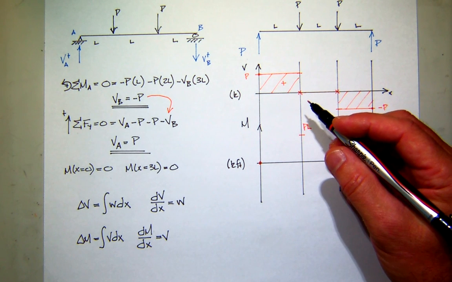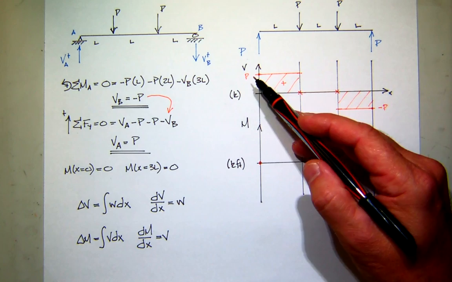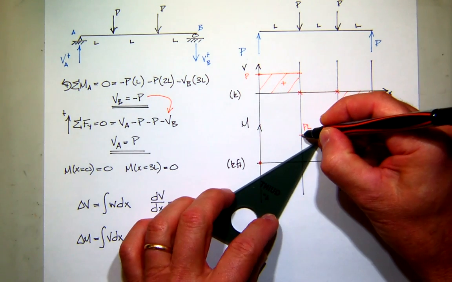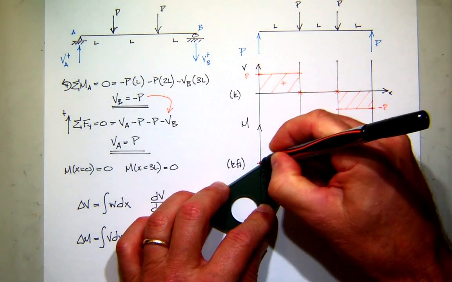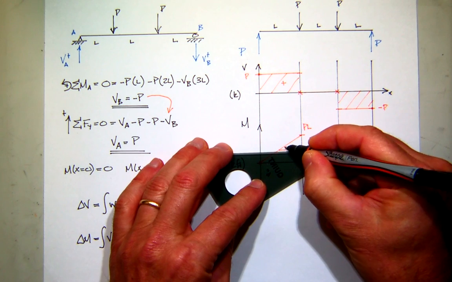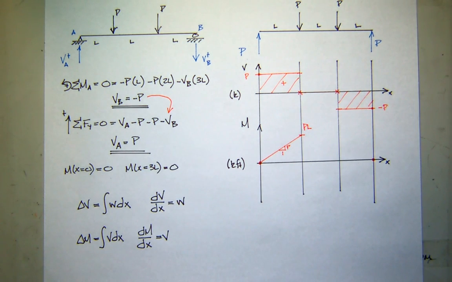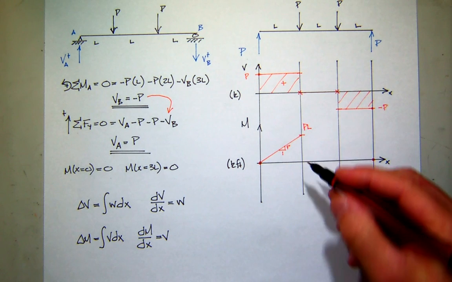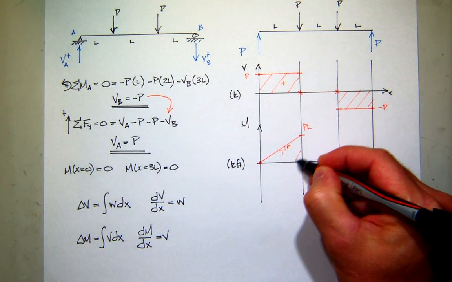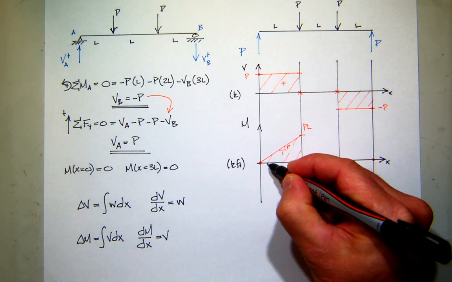A straight line. And what would be the slope? Positive P. In fact, if you wanted to come in here and measure it, it would be P to 1. So that's how the moment changes under this portion of the curve.